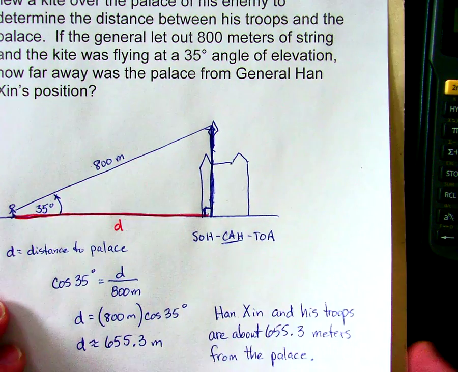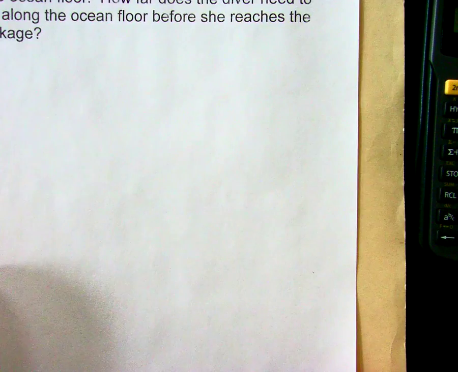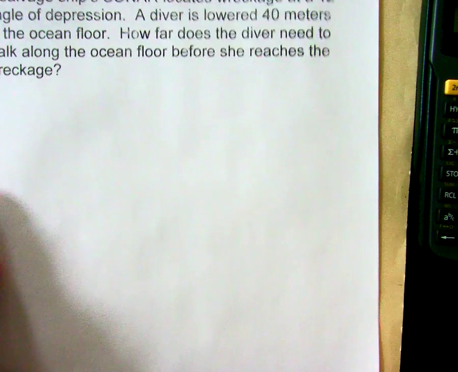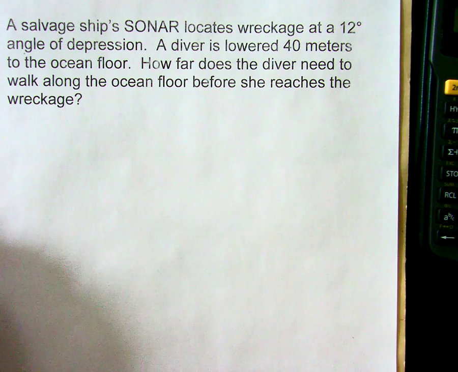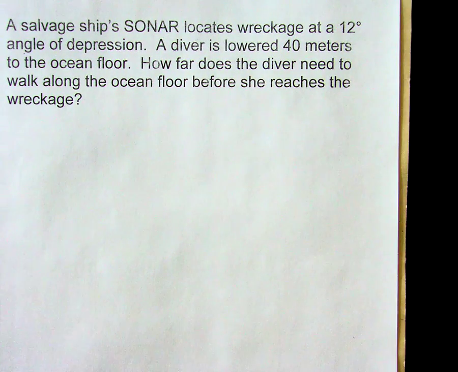Now, let's look at a second problem. In this problem, we're told that a salvage ship's sonar locates the wreckage at a 12-degree angle of depression. Sonar is a device that sends out sound waves through the water, as opposed to radar, which sends radio waves through the air.